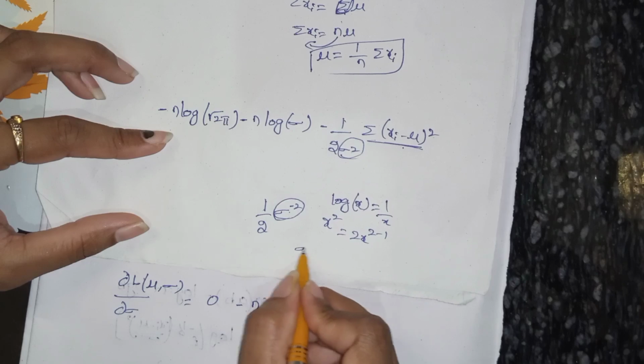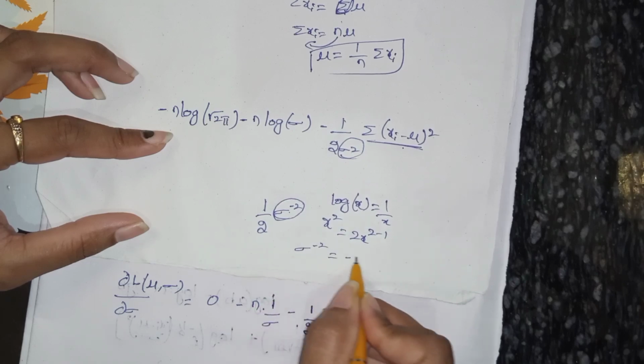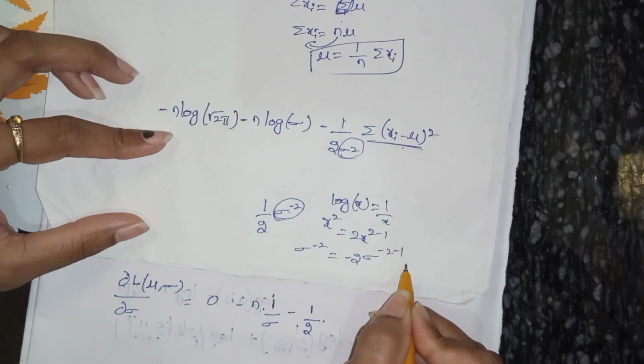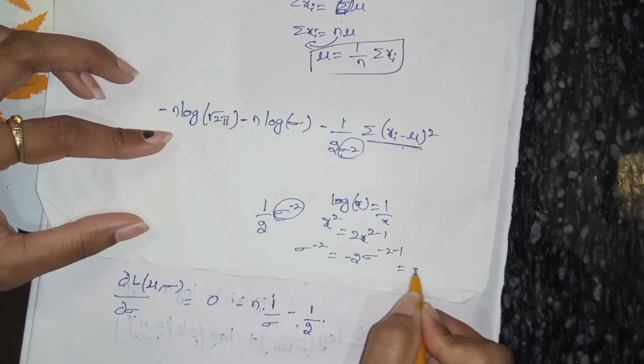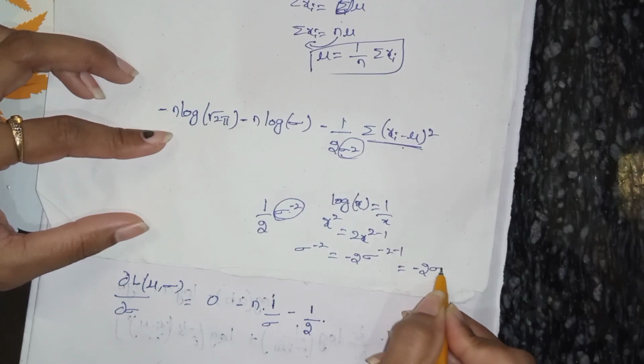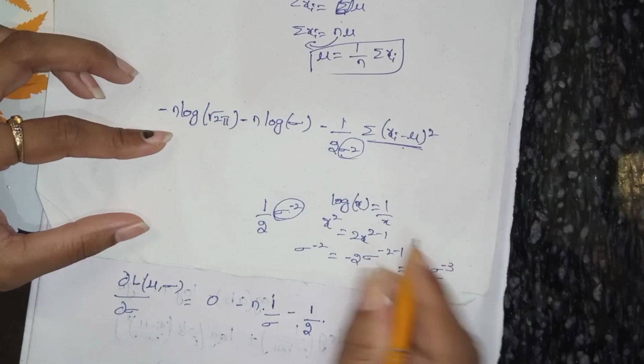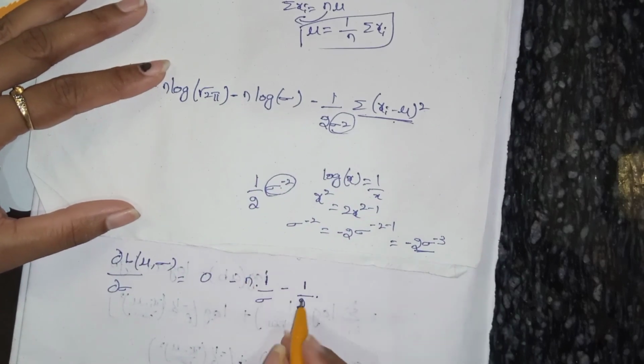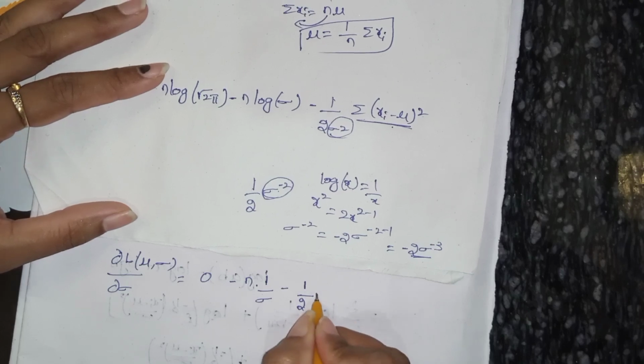So sigma to the power of minus 2, in the sense minus 2 into sigma to the power of minus 2 minus 1, we will get minus 2 sigma to the power of minus 3.